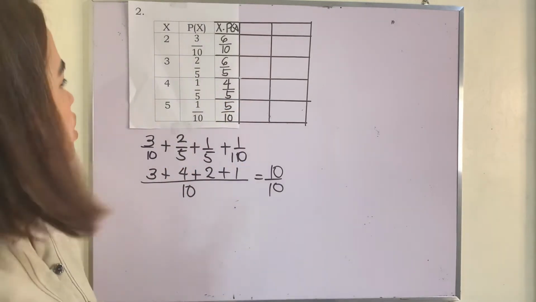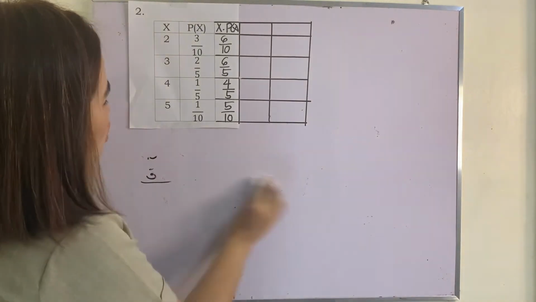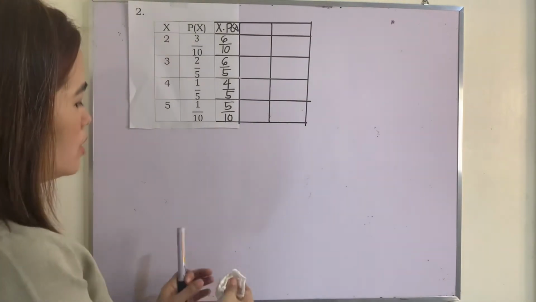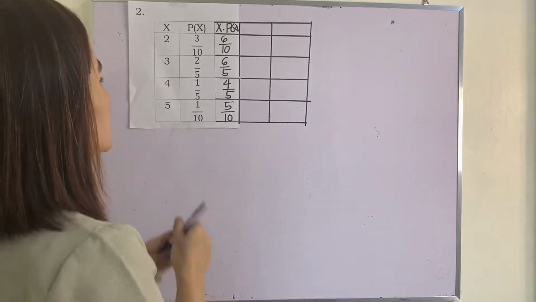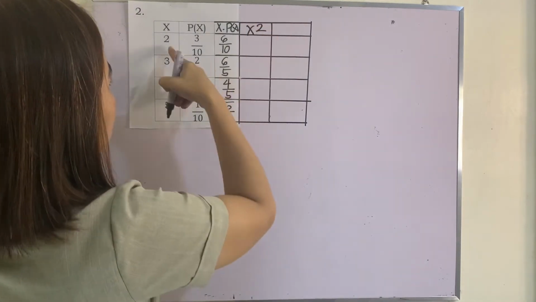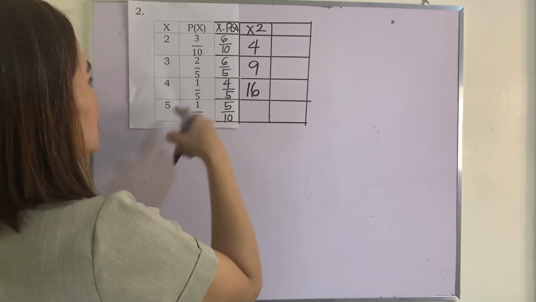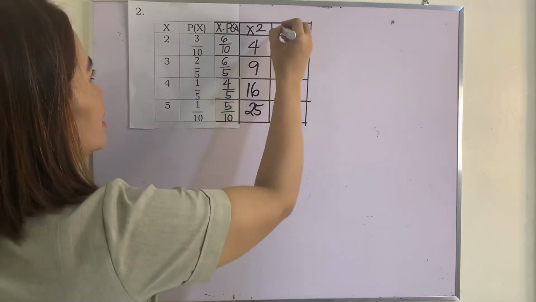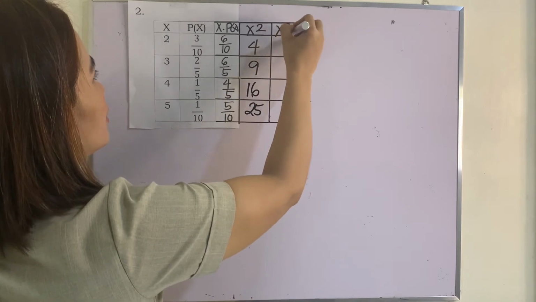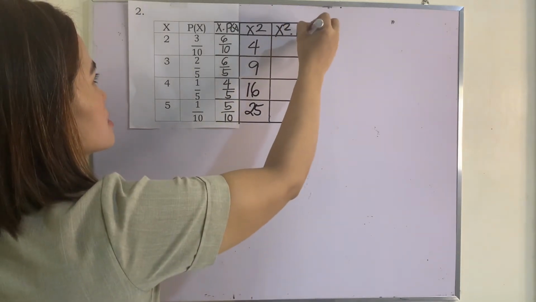Okay. So, the next column will be for our x squared. So, this one is 4, 9, 16, 25. And the last column will be for the product of x squared and p of x.